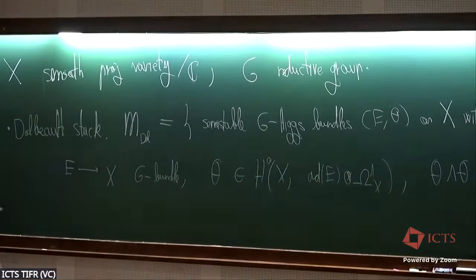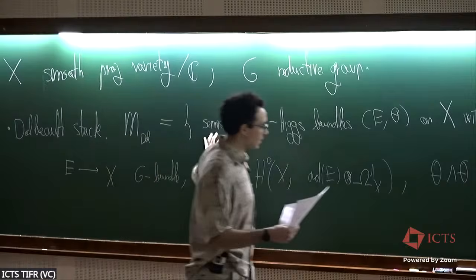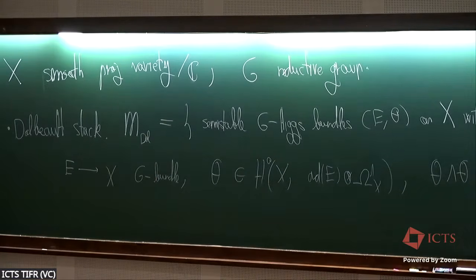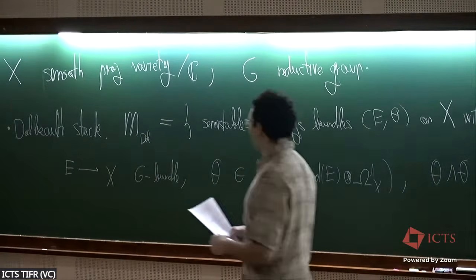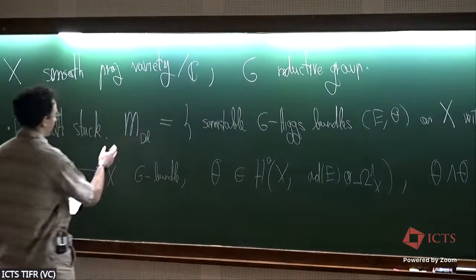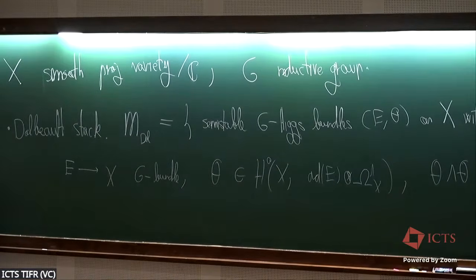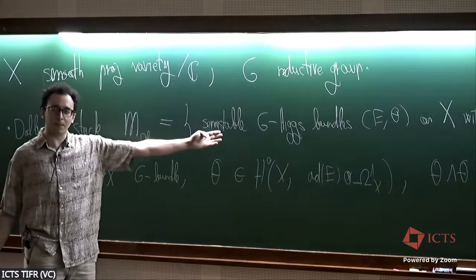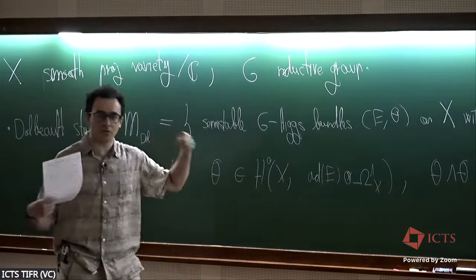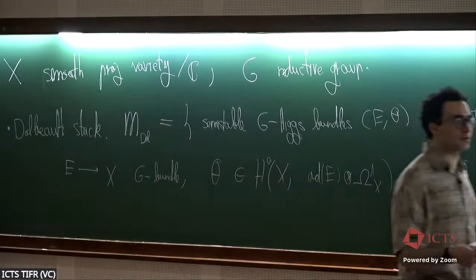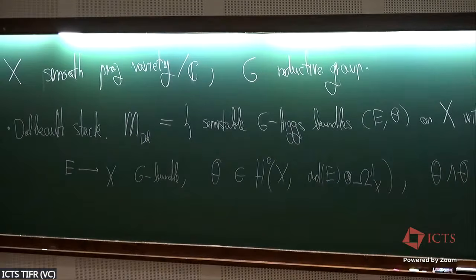So that's what a Higgs bundle is. Higgs bundles with some stability condition we're gonna consider. They form a nice stack, and the word stack reminds us that a Higgs bundle may have an automorphism group. So I am including this as part of the data of the moduli problem.